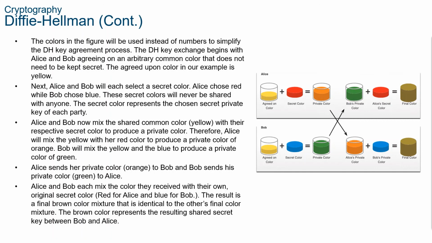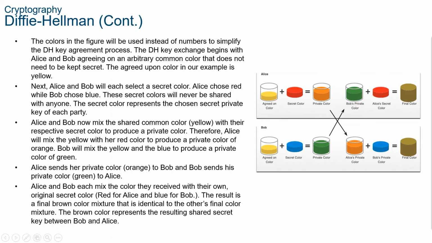Now Bob will mix the yellow and the blue to produce a private color green. Now Alice sends her private color orange to Bob and Bob sends his private color green to Alice.